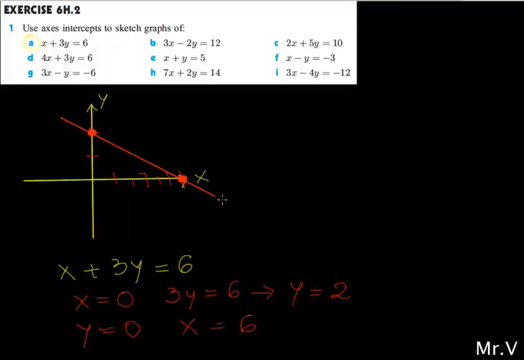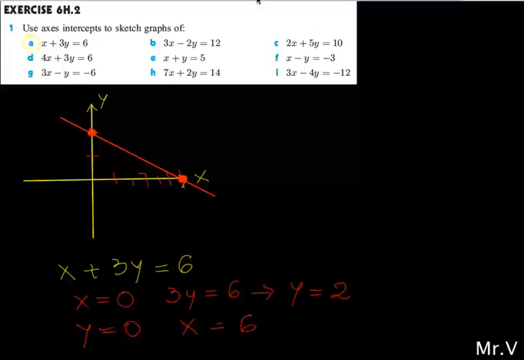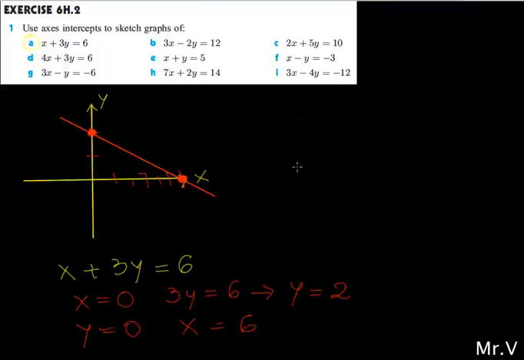That's it. Simple. The second method, I want you to learn it, and it will be useful later when we go with more advanced equations and also with trigonometric equations or functions. That's where we're going to go.